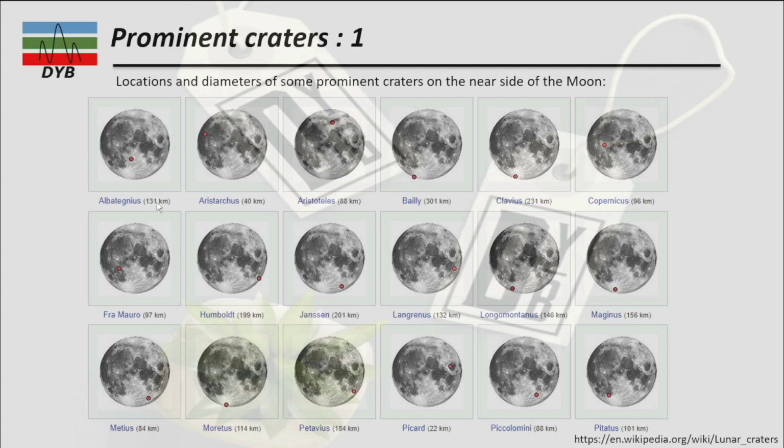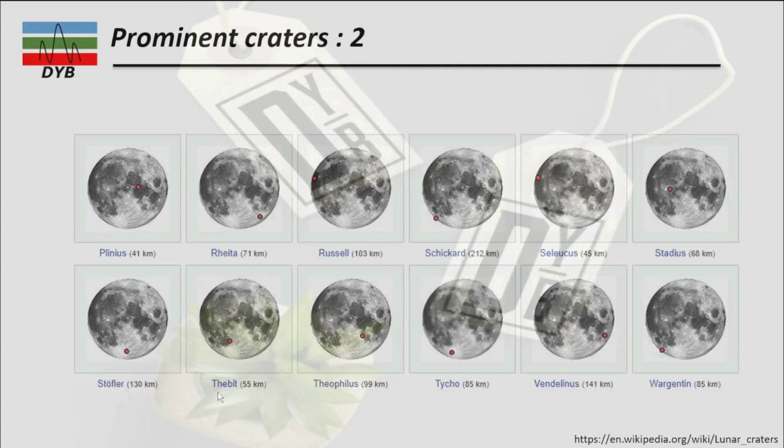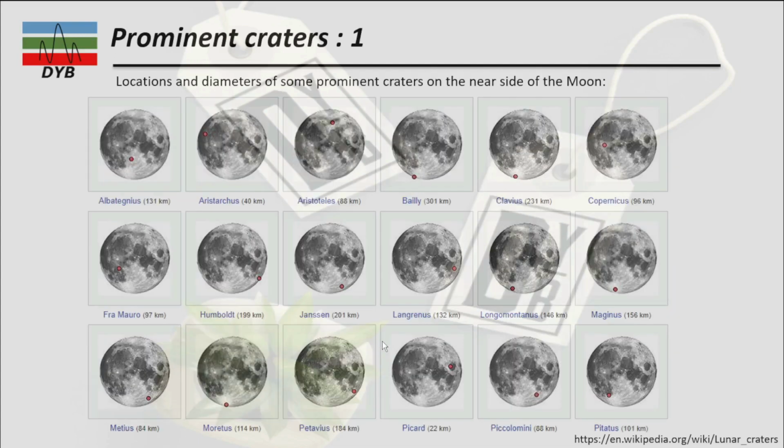So you can see 131 kilometers, 231, and so on. In these two figures, we can see the biggest crater is 301 kilometers. So it's quite a large crater on the surface of the moon.